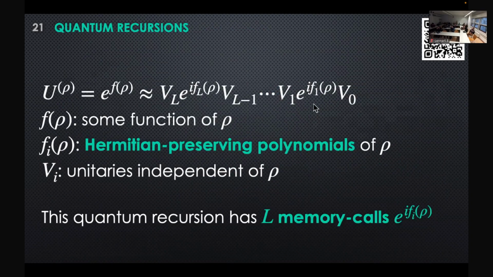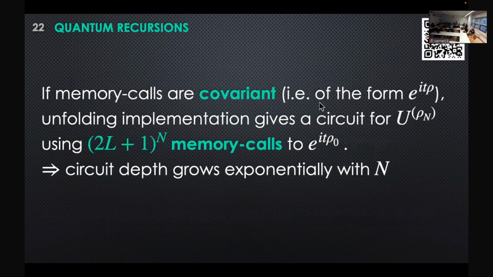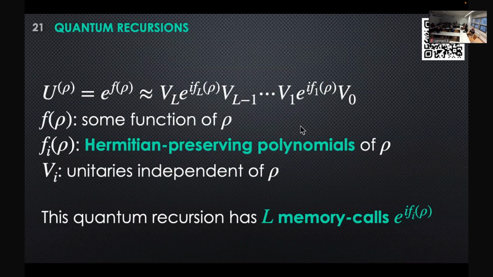So U of rho is determined by the algorithm, and we approximate this with this product of different unitaries, and that decides this form of the function. Not recursive? No, it is recursive. This is like a single recursion step, and you repeat it with different rho, but the same width and F.